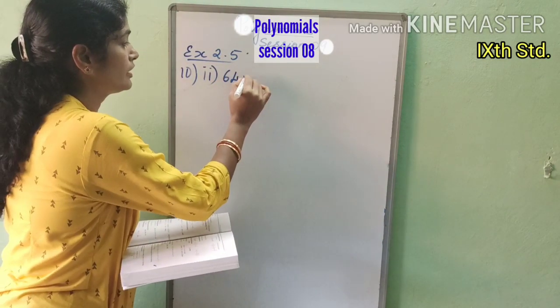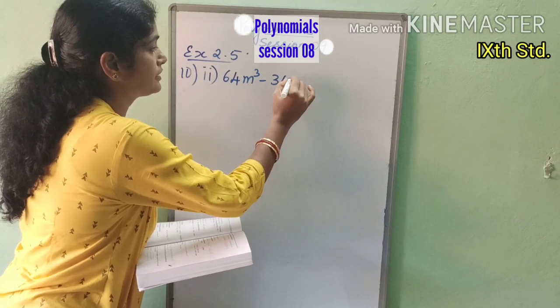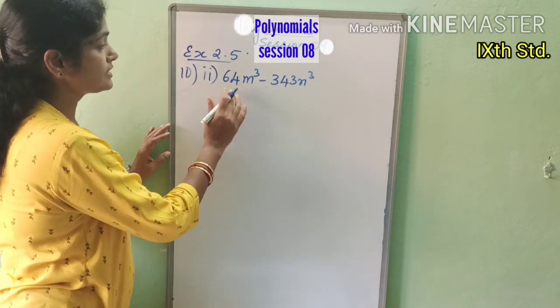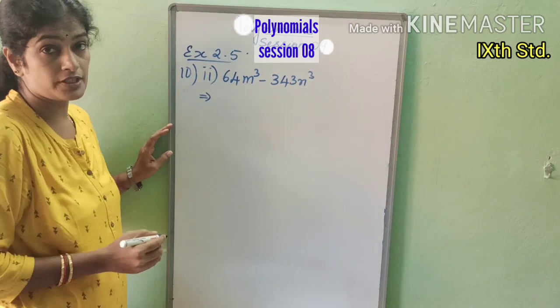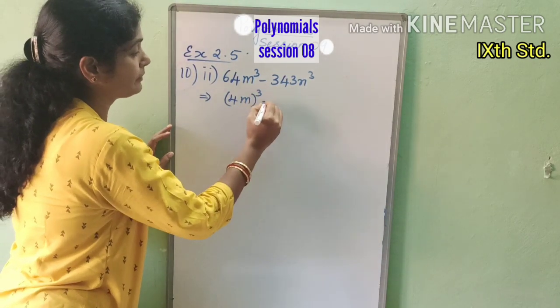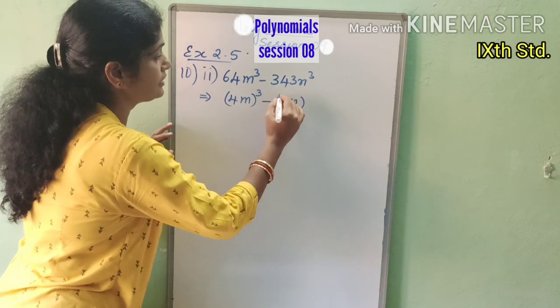64m cube minus 343n cube. Now this 64m cube you can write as, cube root of 64 is 4, so 4m whole cube minus cube root of 343 is 7, so 7n whole cube.